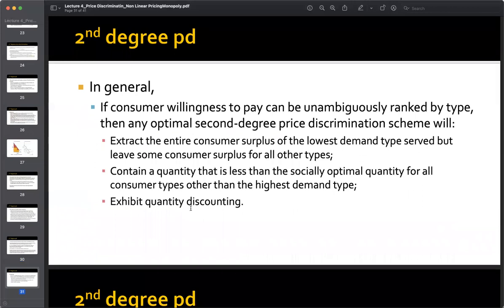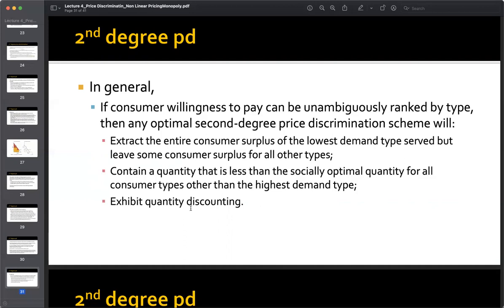So in general, here's our general take home. If consumers' willingness to pay can be ranked by type, then any optimal second degree price discrimination will have the following properties. Extract the entire consumer surplus of the lowest demand type, but leave some consumer surplus for the higher types, again, to stop them from moving to the low demand package.